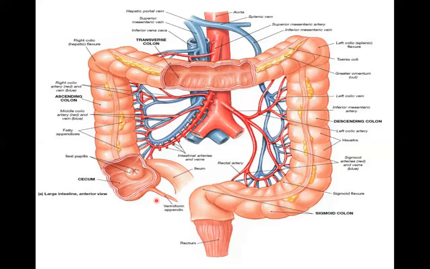The vermiform appendix is supplied by T9 and T10, the same dermatome surrounding the umbilicus. So the first sign of pain will be referred pain to the umbilicus, or the testis in males and the small intestine. This is important to be known.